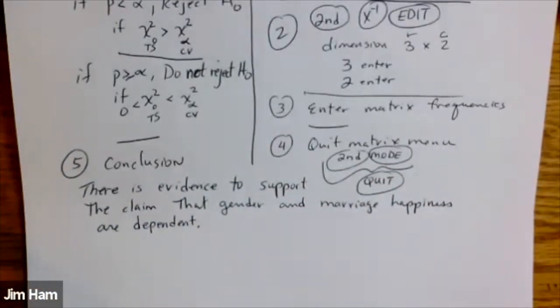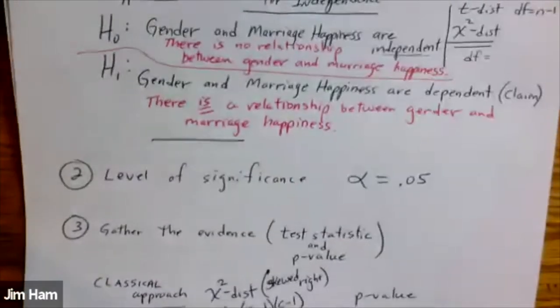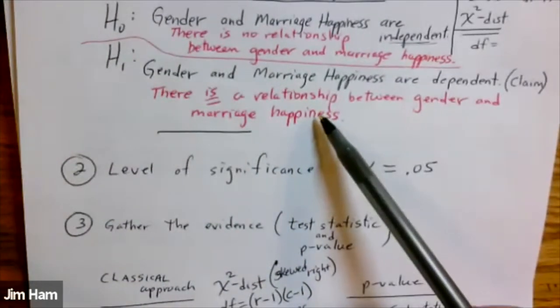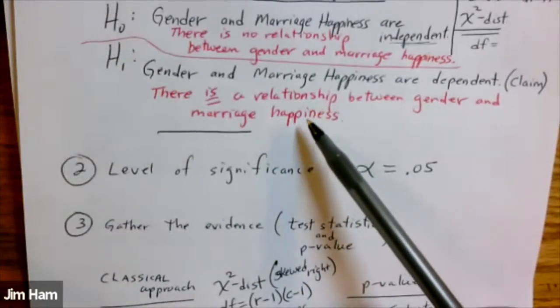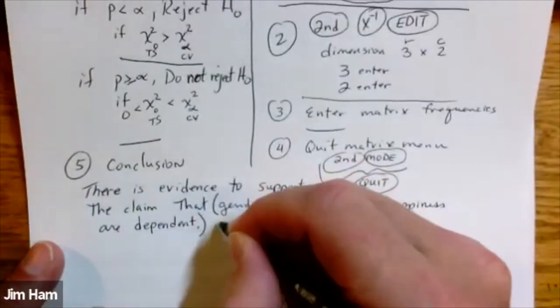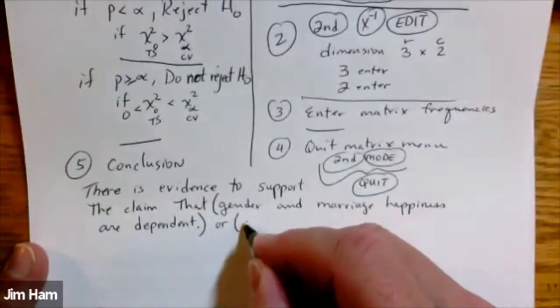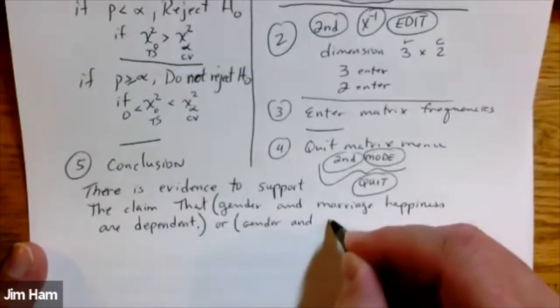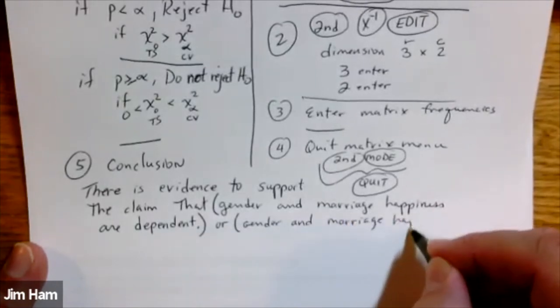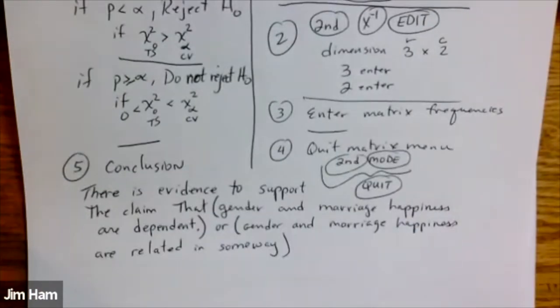The easiest way is to look at the alternative description, that there is a relationship between these two variables. So you could say this, or you could say gender and marriage happiness are related in some way. One of those two.